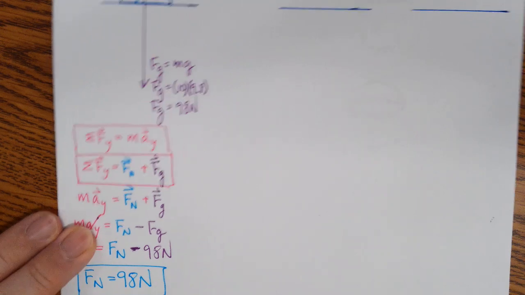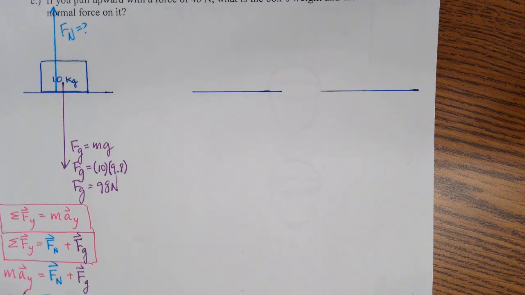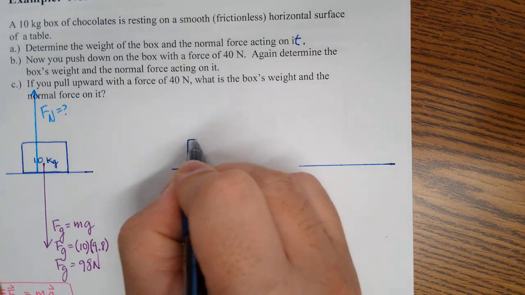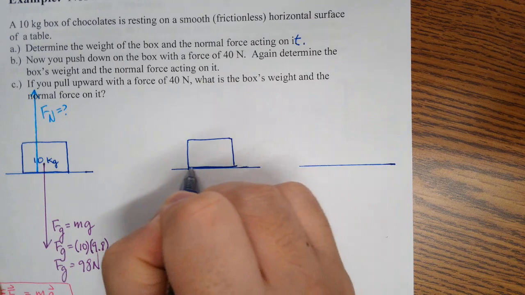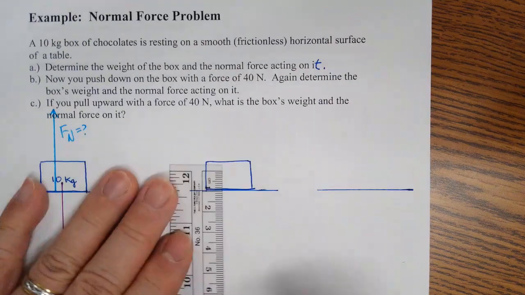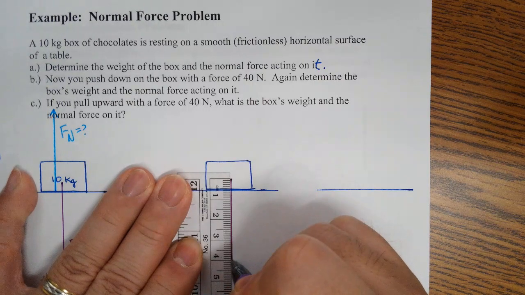But what about a second scenario where I have a box of chocolate again? This 10 kilogram box of chocolate. Now, this will have, again, the same Fg, straight down.